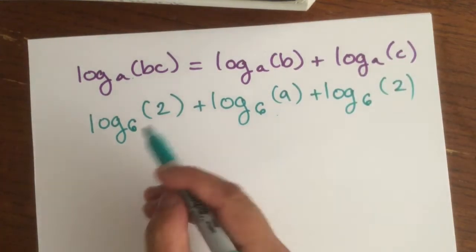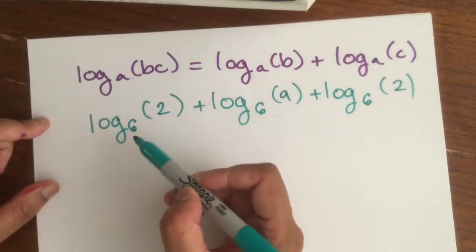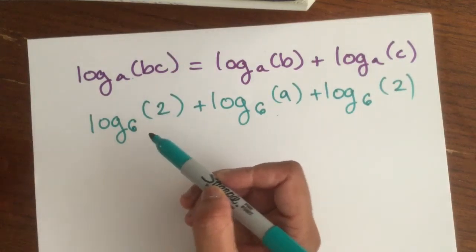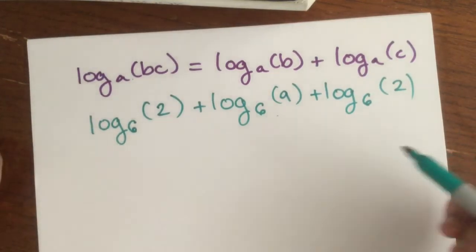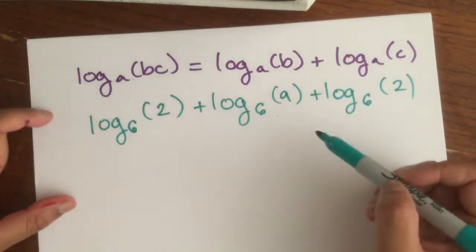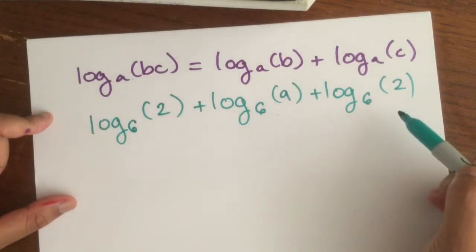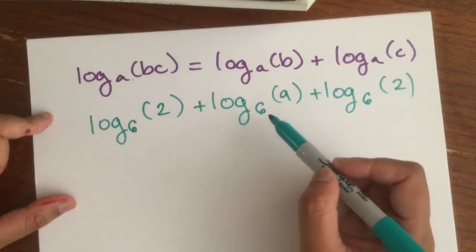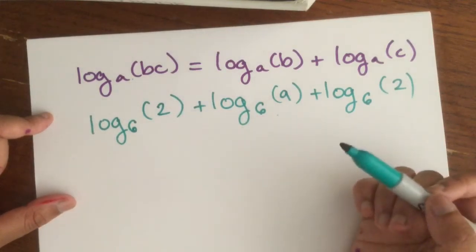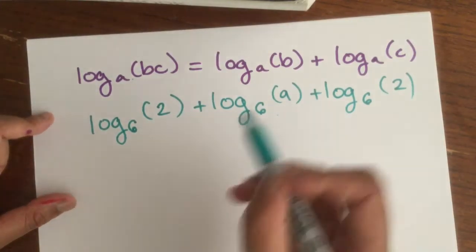So this is asking what power do you raise 6 to get 2? Some sort of fraction. It's got to be a root of some sort. Maybe even a decimal. But we don't know. Same thing here. We don't know. And what power do we raise 6 to get 9? 1 point something. Who knows?